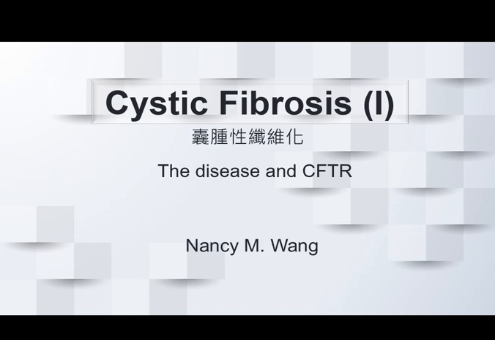So cystic fibrosis, that's the Chinese name, 囊肿性纤维化. 纤维化 means fibrosis. That means somewhere in your organ there should be a lot of soft and bouncy extracellular matrix, and it becomes fiber-like.